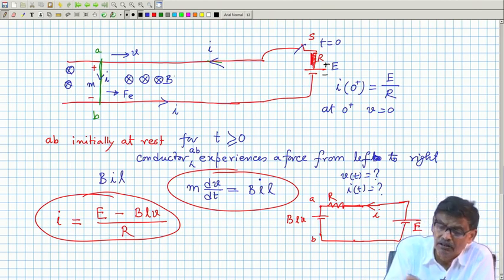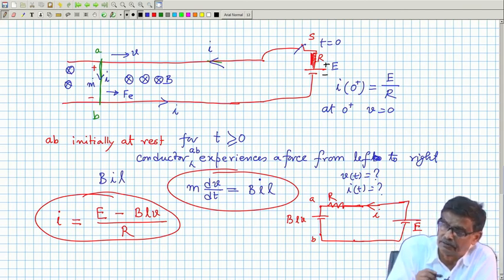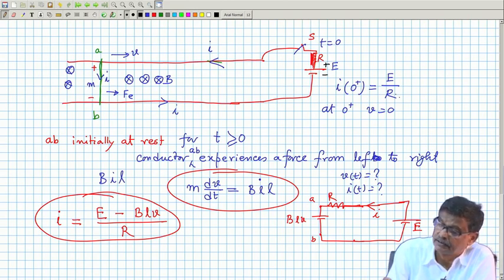Suppose all the resistance in this series circuit I have shown by R. So the current will be E divided by R. This resistance may be the resistance of the conductor also. So E by R will be the current at 0 plus, where velocity is 0.